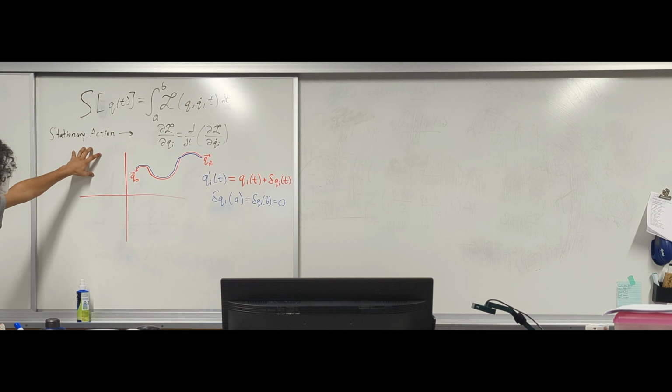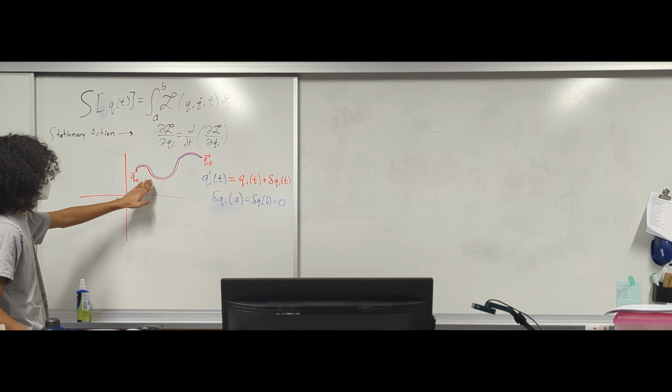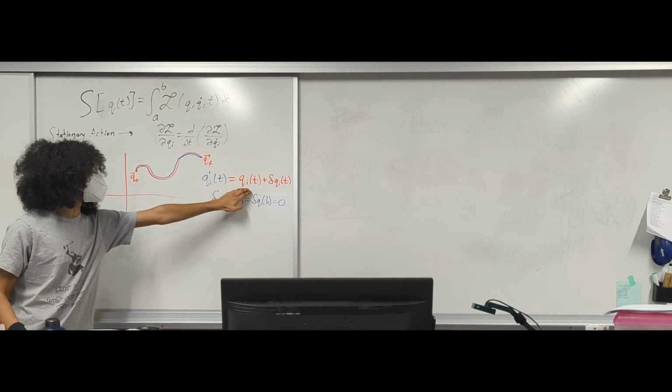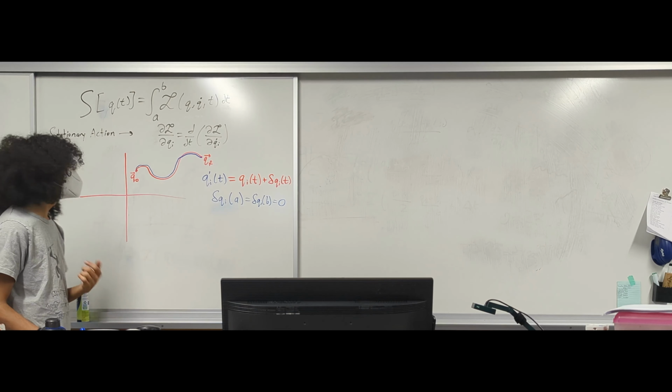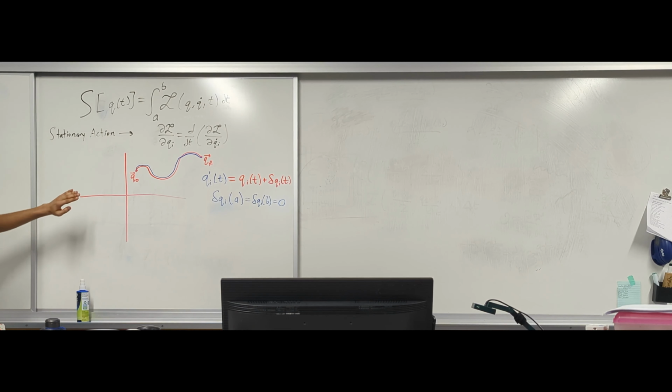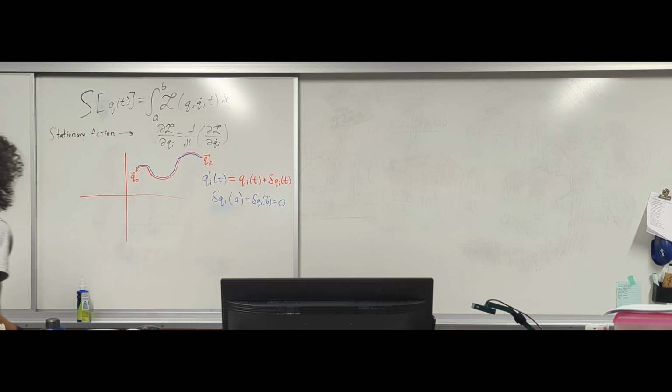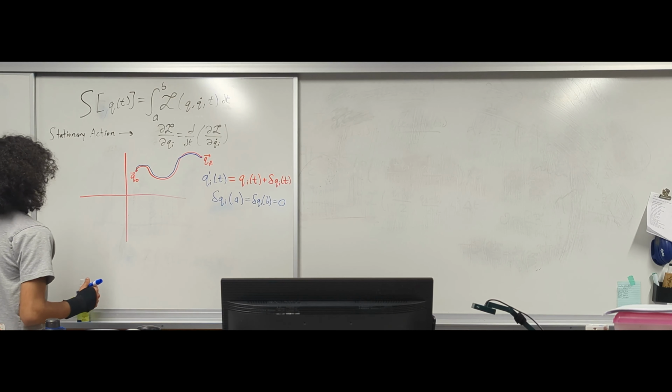Then this principle of stationary action, or least action, whatever you want, is saying that any such variation of the physical trajectory q will induce no variation in the action. So how does that actually work? Well, we could look at the variation of the action.